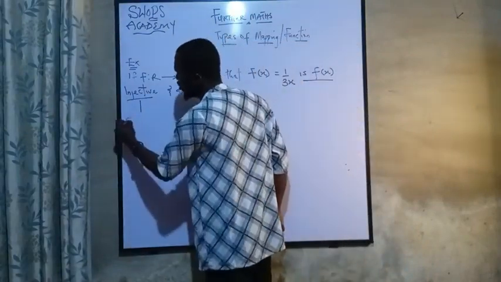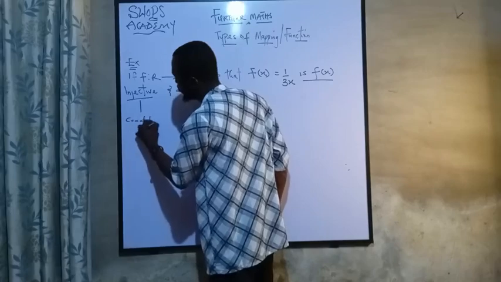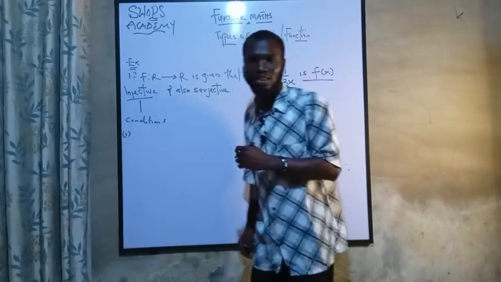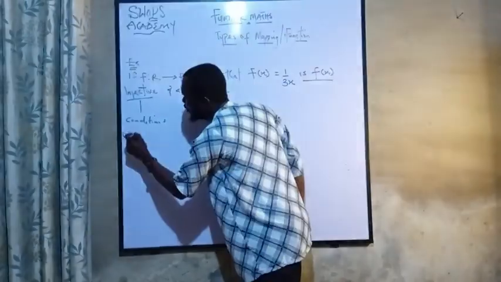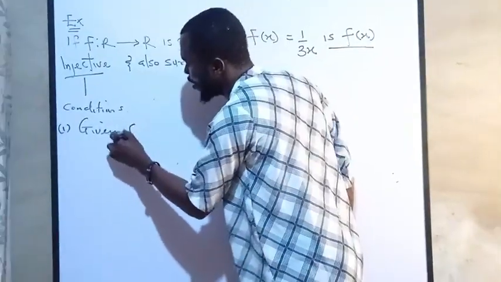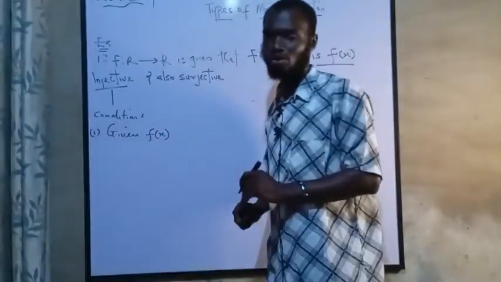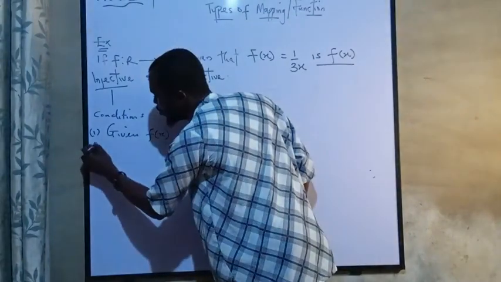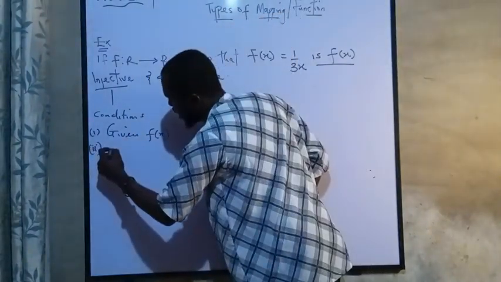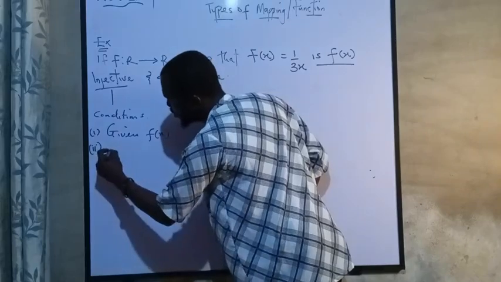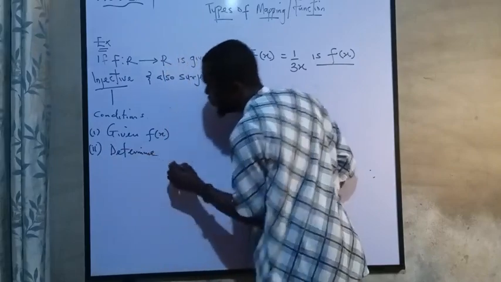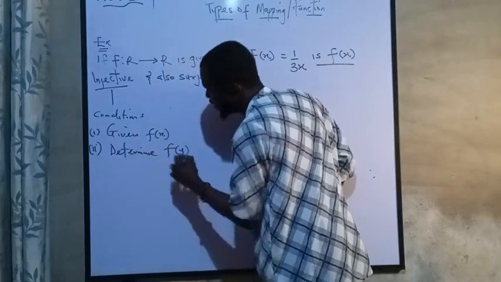What are the conditions? Condition 1 for a question to be injective: you must be given f of x. That is 1. Condition 2, are we together? You must determine your f of y.